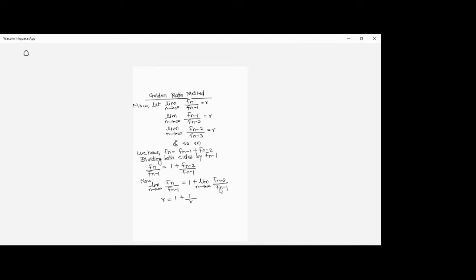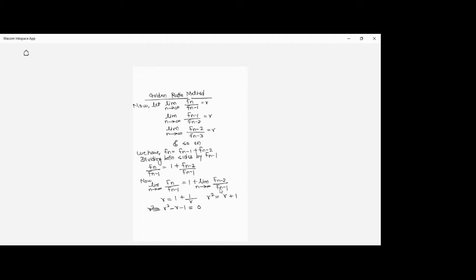Multiplying both sides by r, we get r square is equal to r plus 1. We can write r square minus r minus 1 is equal to 0.